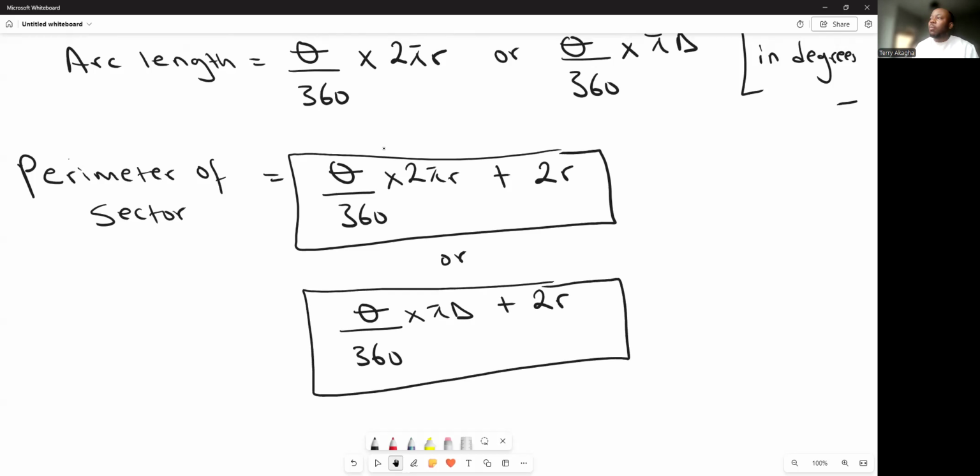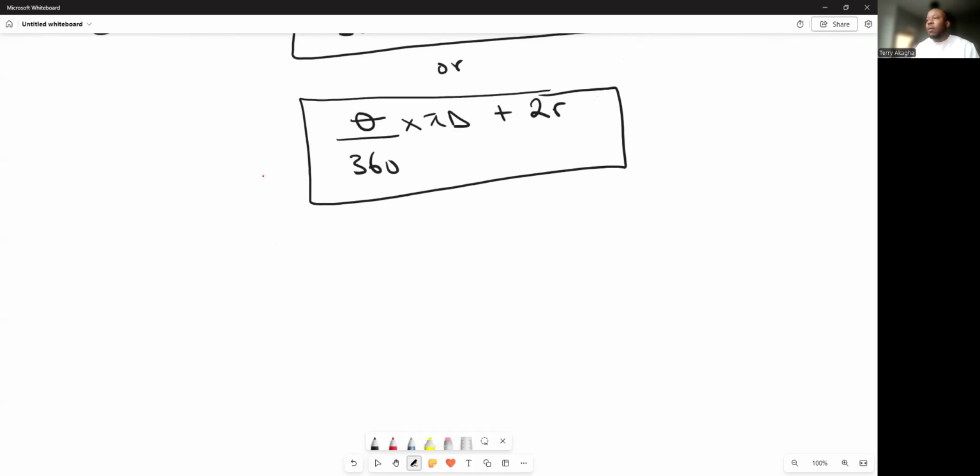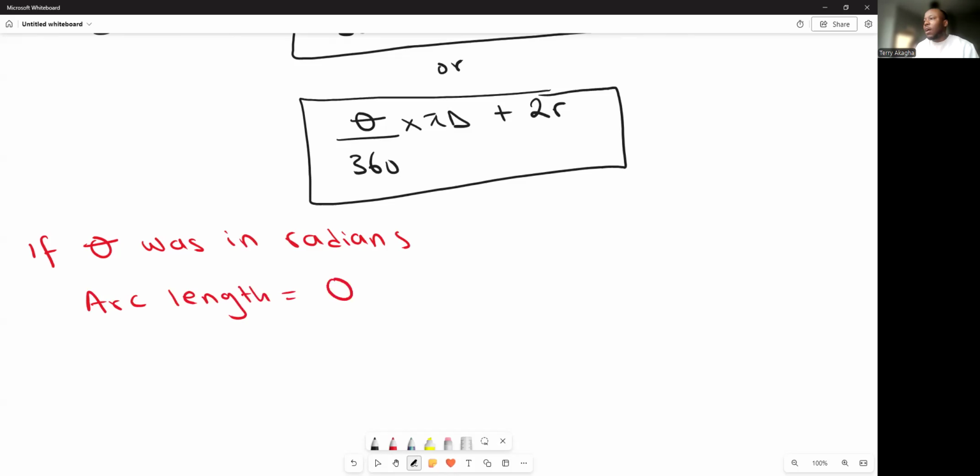But if it was in radians, you know that the arc length is theta r. So if theta was given in radians, I've talked about this before, then the arc length will be equal to theta r.